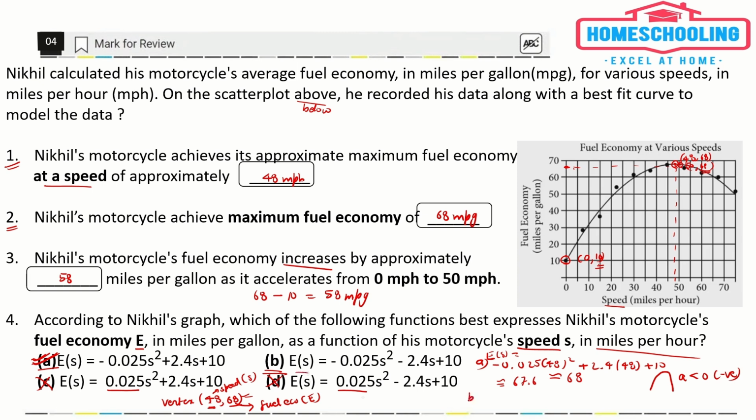For option B, E is equal to negative 0.25 times 48 squared minus 2.4 times 48 plus 10. We will get somewhere around 183, so option B is incorrect. For the fourth part, option A is the correct answer.